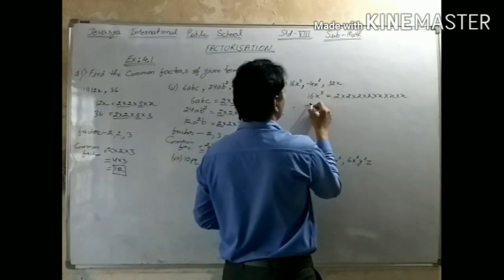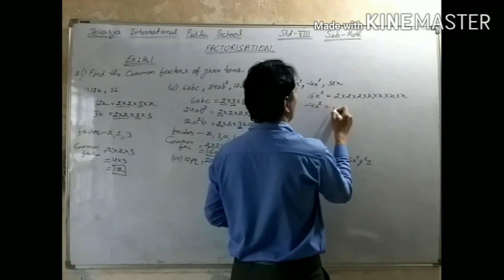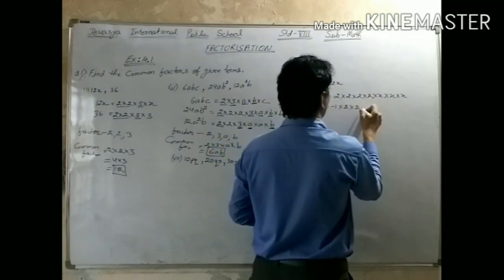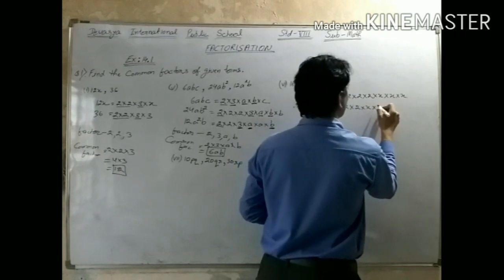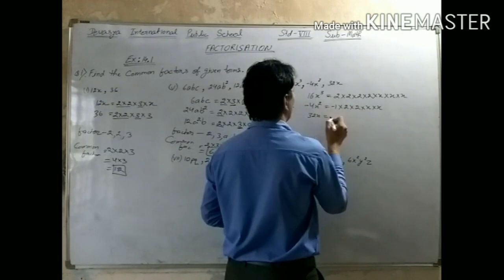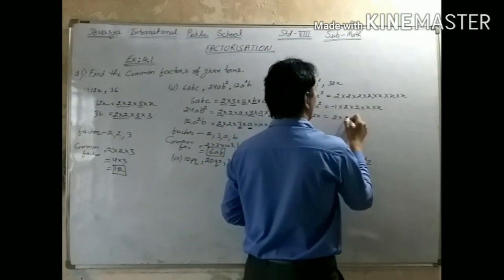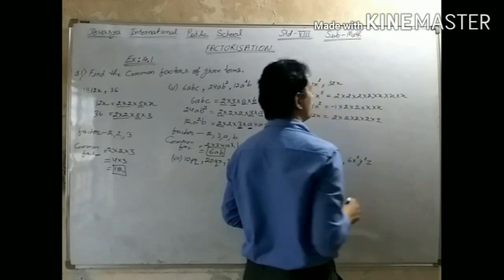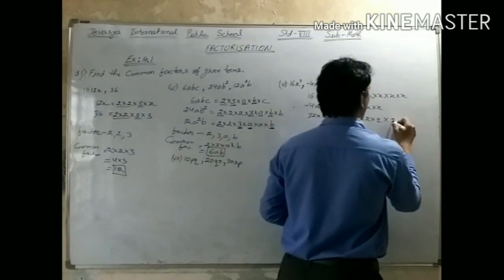Again minus 4x square can be written as minus 1 into 2 into 2 into x into x. 32x can be written as 2 into 2 into 2 into 2 into 2 into x.